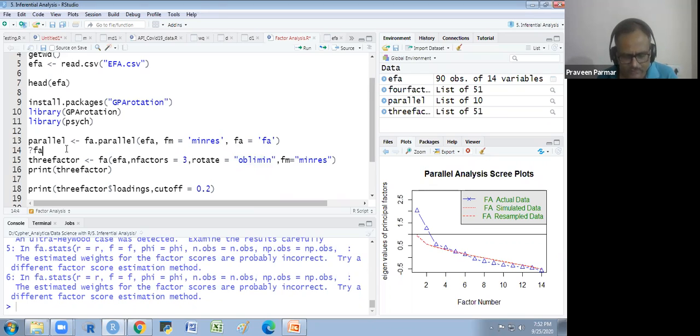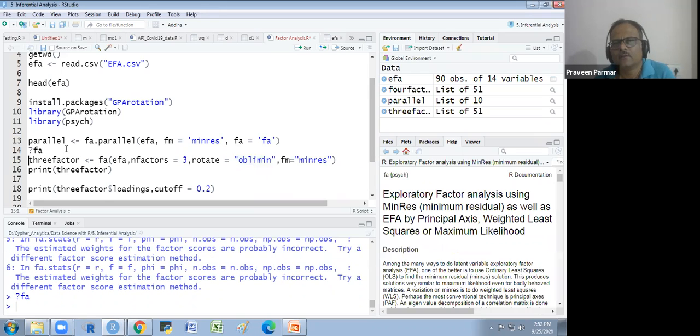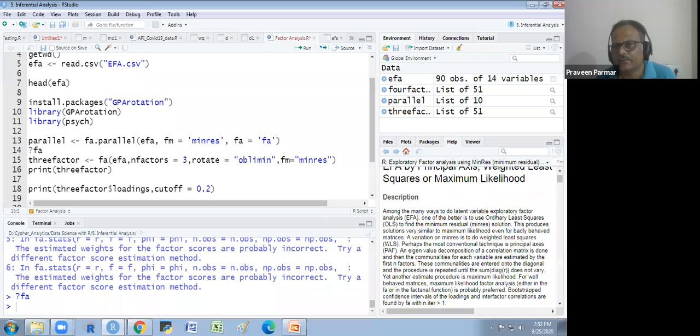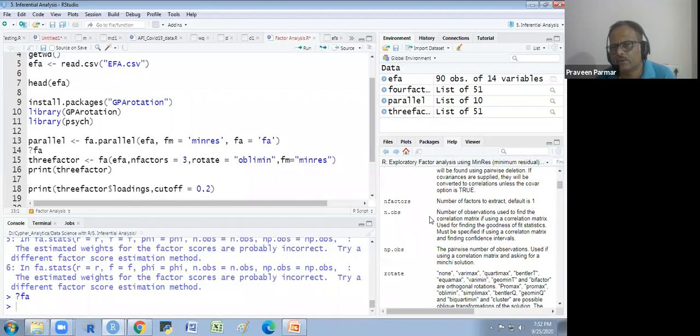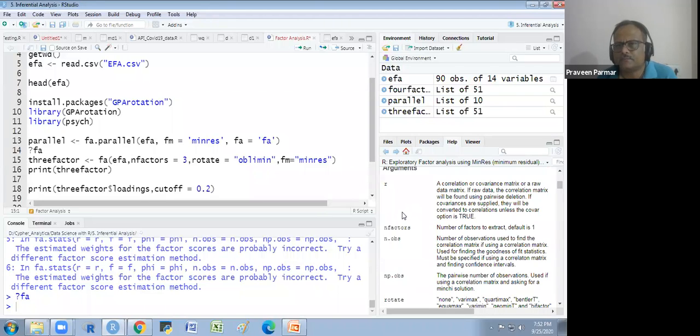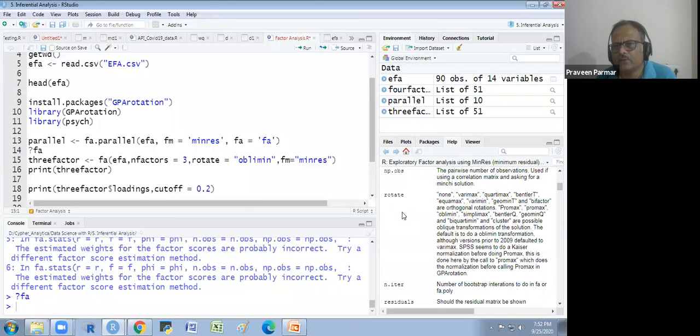You could also write fa and see the syntax of this exploratory factor analysis. Here we have to write what the fm is, and everything you could look at here: nfactors, n.obs, rotate. Varimax you could take. I have taken oblimin.